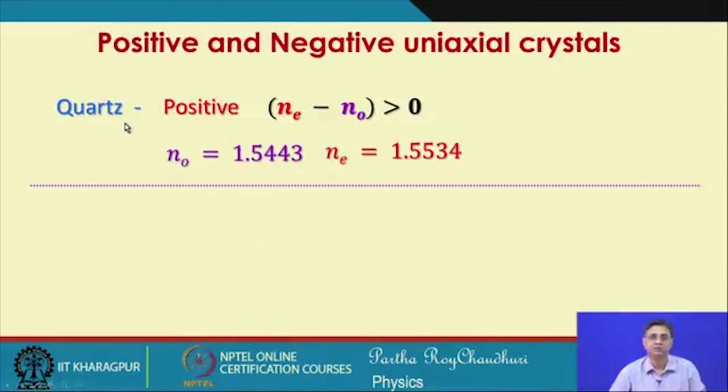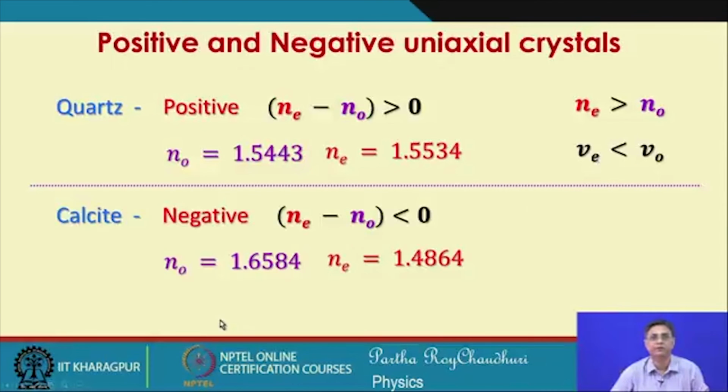For quartz, this is a beautiful example which is called a positive crystal. Ne is more than No, that is, the extraordinary refractive index is more than the ordinary refractive index. The typical values are like this: 1.5443, 1.5534, and therefore the velocity of the E wave will be less than the velocity of the O wave.